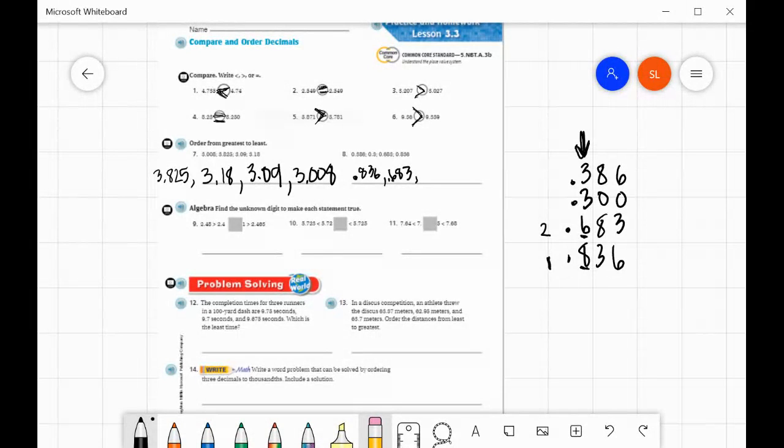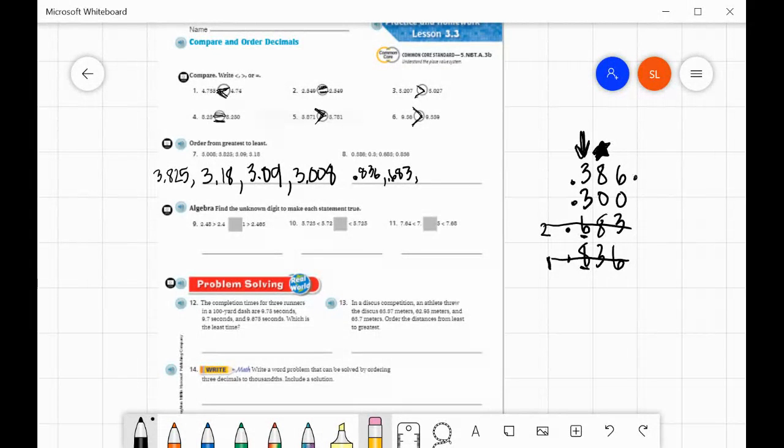And then we look at the 3s. These are the exact same, so we move to the next column, which is, I probably shouldn't use a dot because we might think it's a decimal point. So we're going to look at the starred column. All right, we know this one we've already written down, and we've already written down this one, so we can cross those out. So we're just comparing the 8 and the 0.